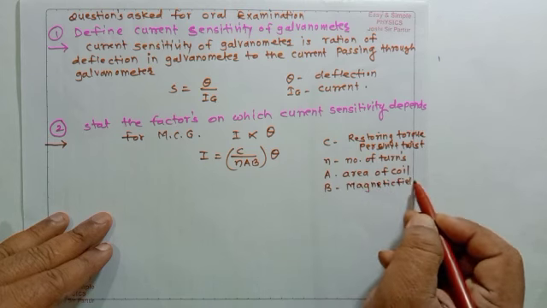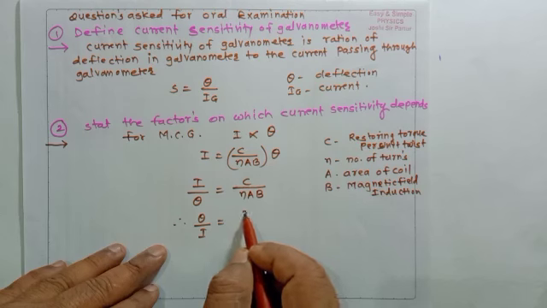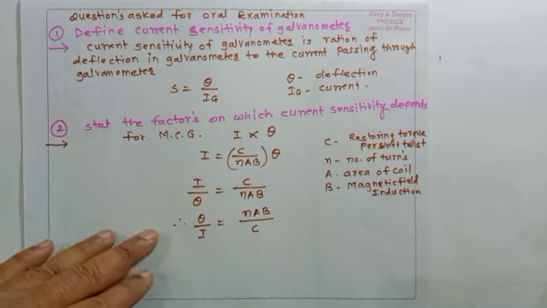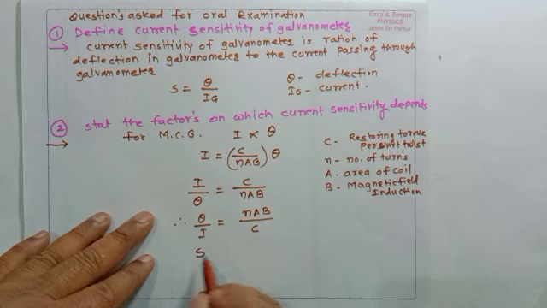By using this formula, we can take I upon theta equal to C upon NAB. So by reciprocal, theta upon I is equal to NAB upon C, and therefore sensitivity S is equal to NAB upon C.